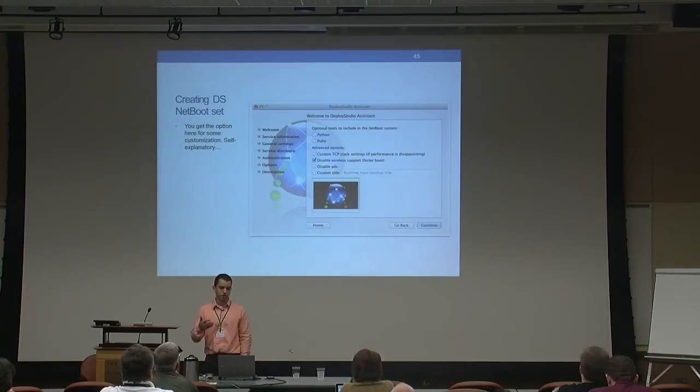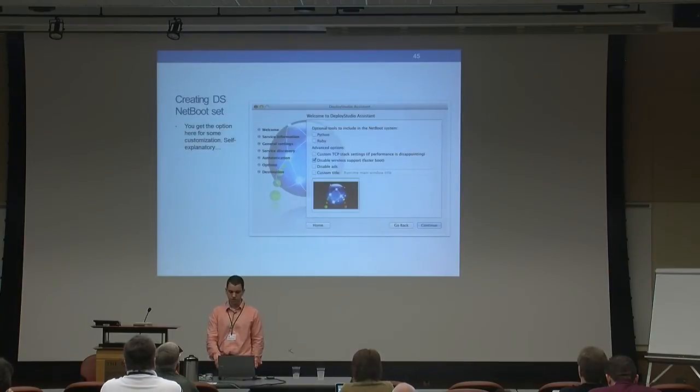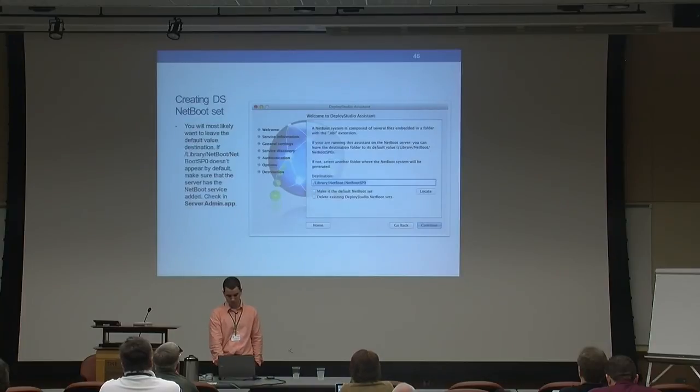And then you get additional options to add extra tools to the NetBoot set. I mean, it's pretty self-explanatory. You're going to get then to the portion where it's going to ask you where to create the NetBoot set. So if you've done everything right up to this point, it should just automatically fill this out for you.